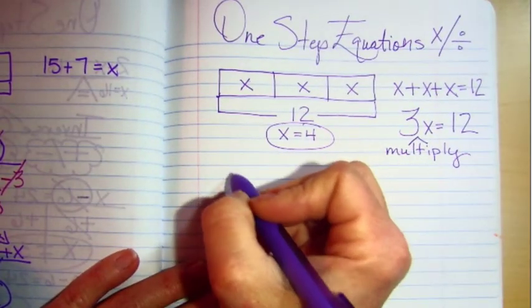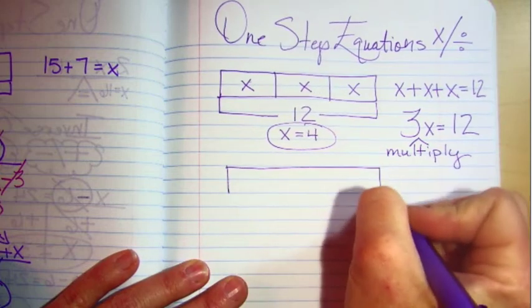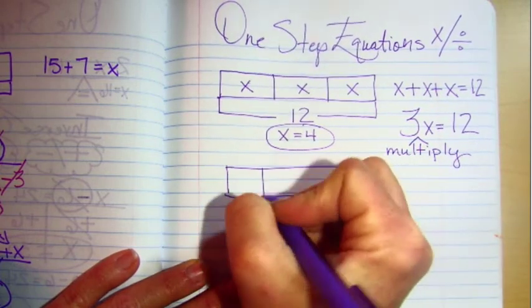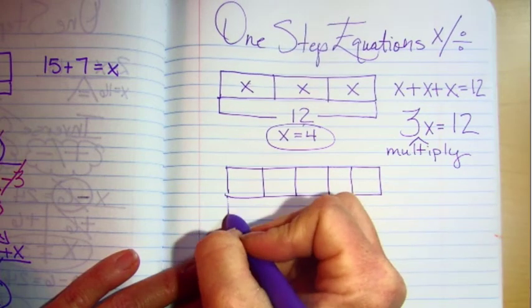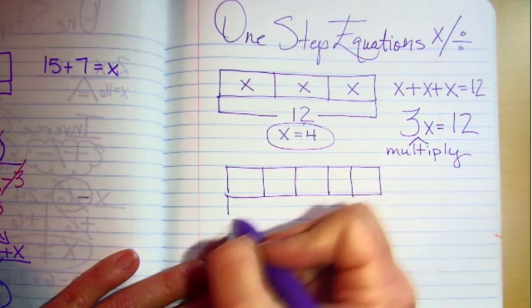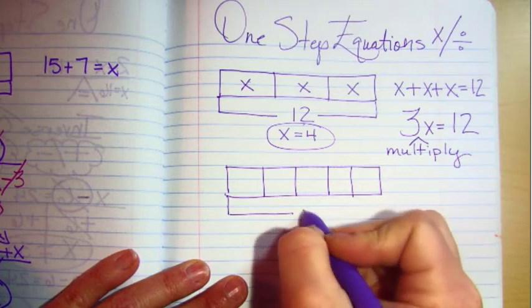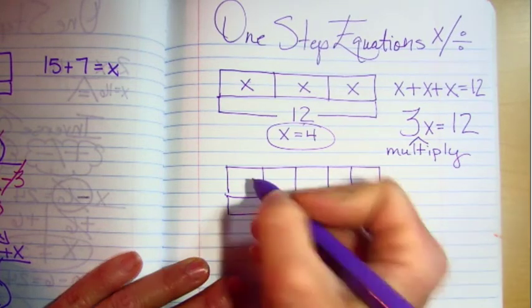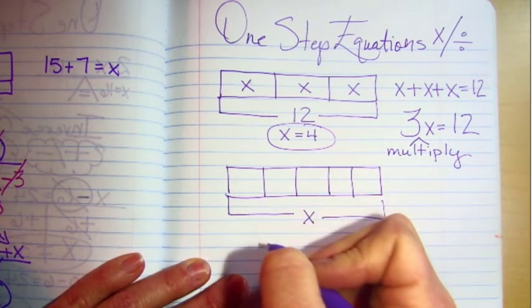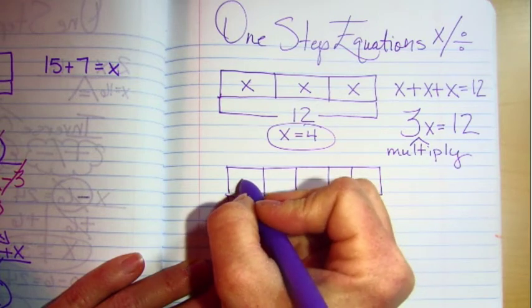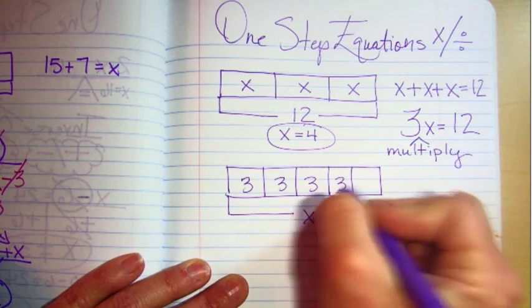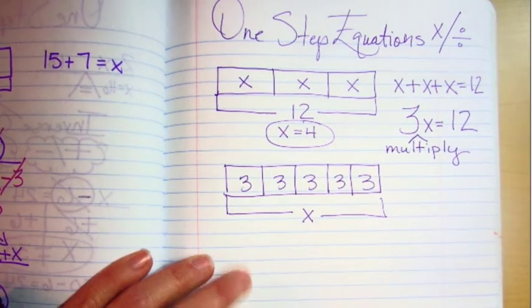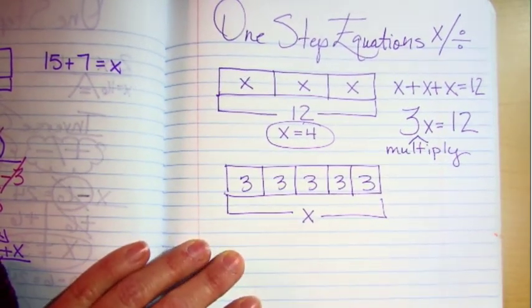and sometimes you're going to see a model this way. So if you see this model, what does that show there?